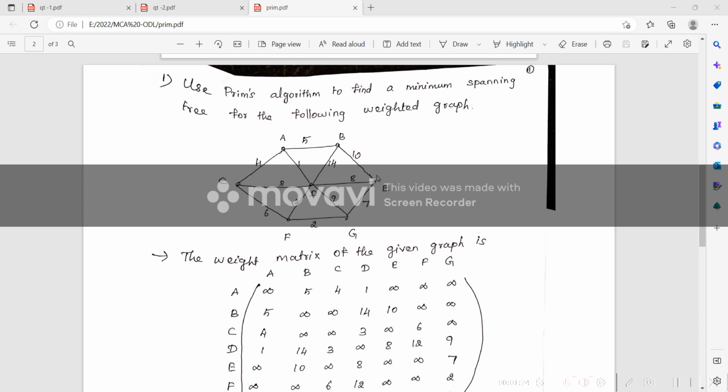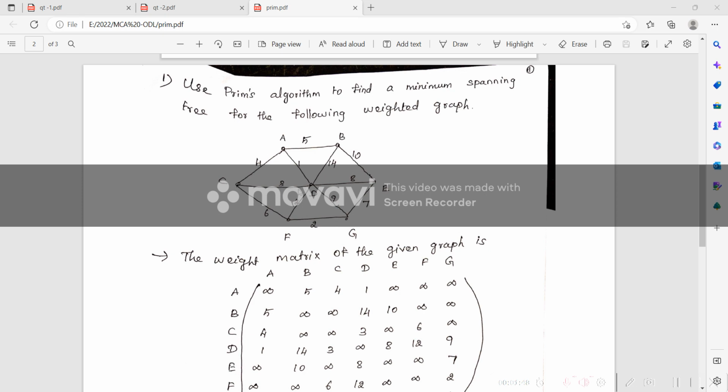To reach A to E, we can use this path A to B, B to E. Otherwise we can go with A to D, D to B, B to E also. We have so many paths. So here all the vertices are joined by paths, so this is an example of a connected graph.